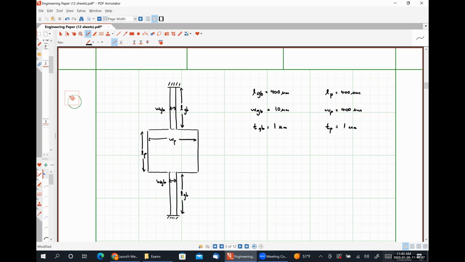Let's say that our structure is made of polycrystalline silicon, so it has a Young's modulus of 120 gigapascals. Can't write today. And the designed gap between the plates is 2 microns.